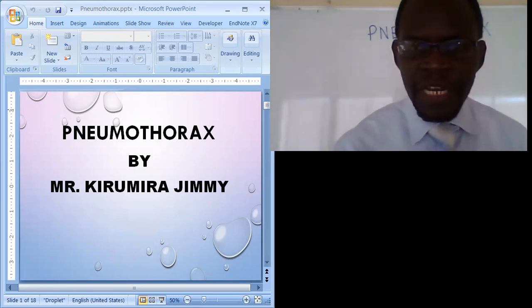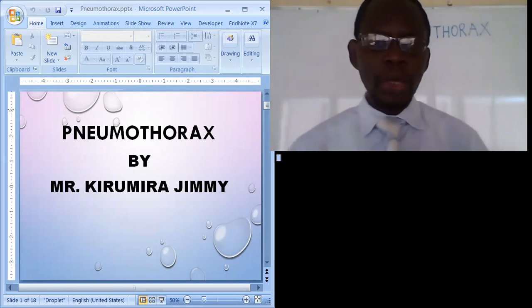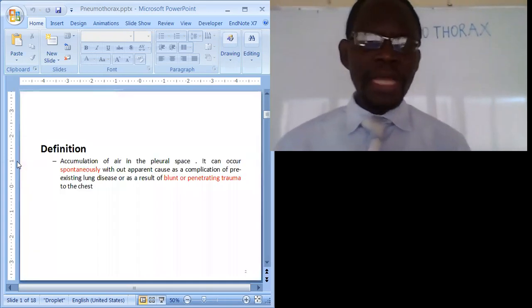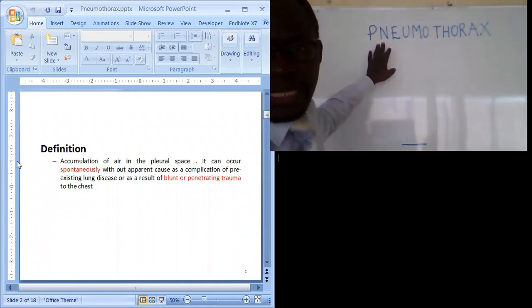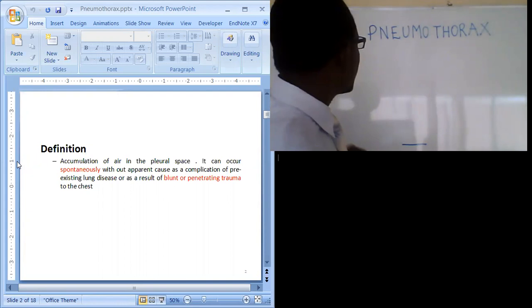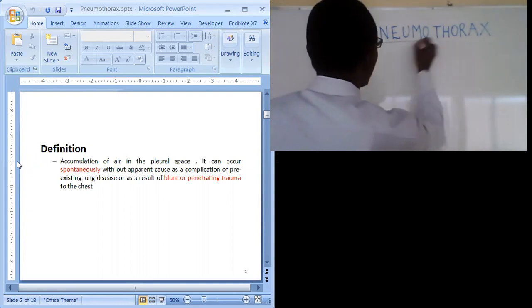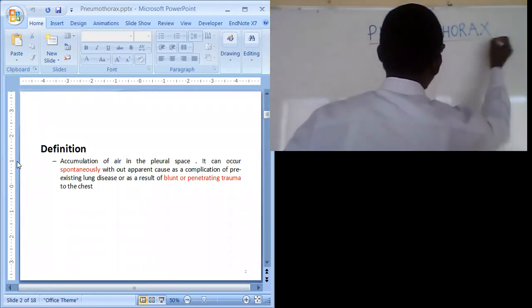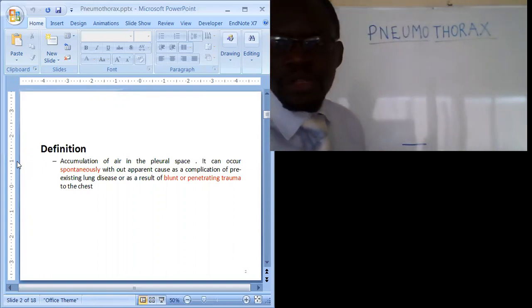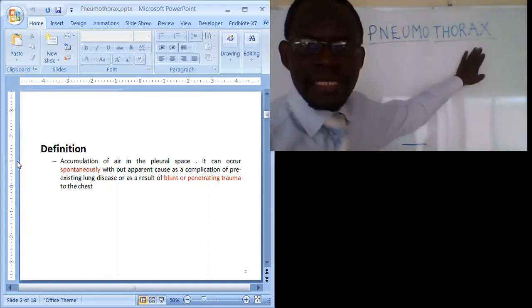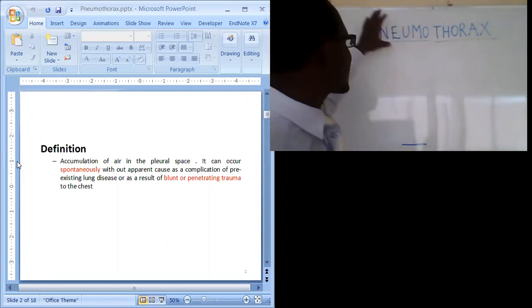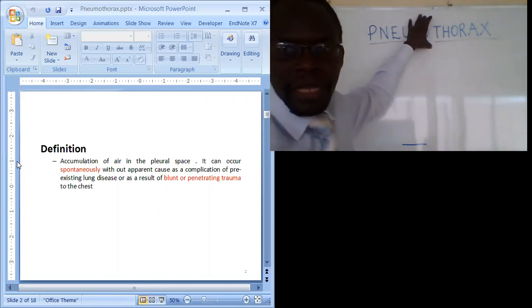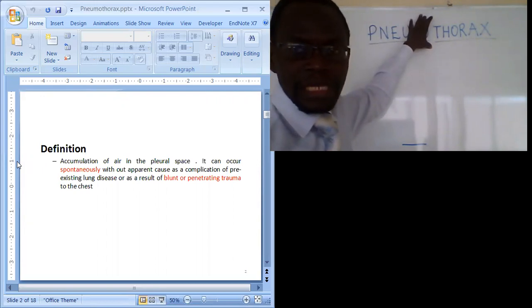Now, by definition, let's straight away launch into our presentation. The word pneumothorax basically has 2 words in it: pneumo and then thorax. Pneumo basically means air.